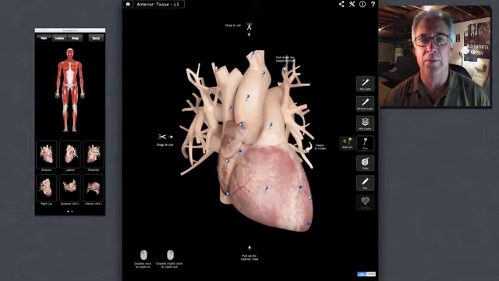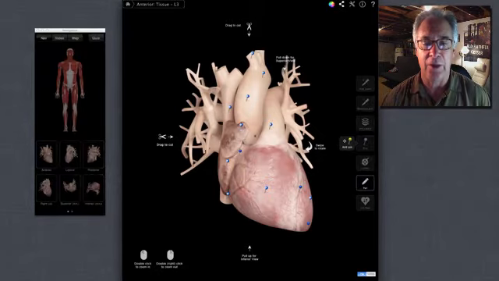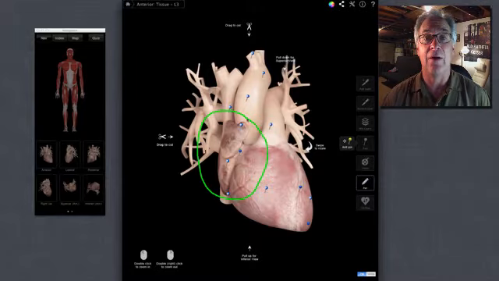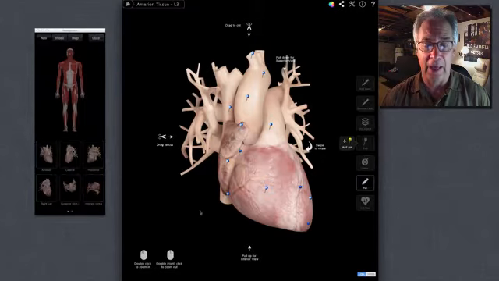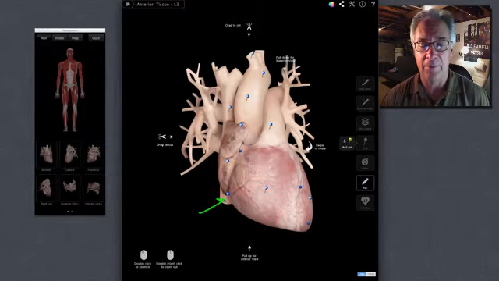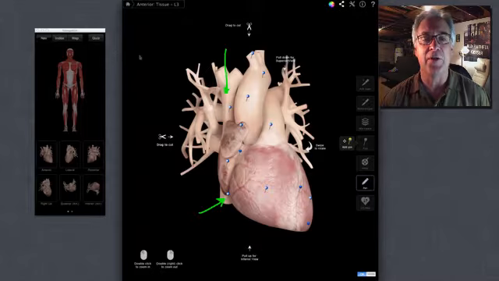One of the most major features is this area right in here. That area has a couple major features. First of all, if we take a look at this portion right here, and this portion right here, that's the superior and inferior vena cava.